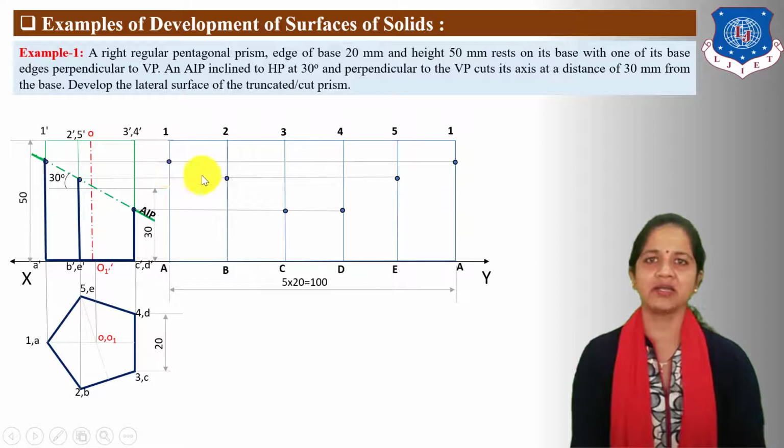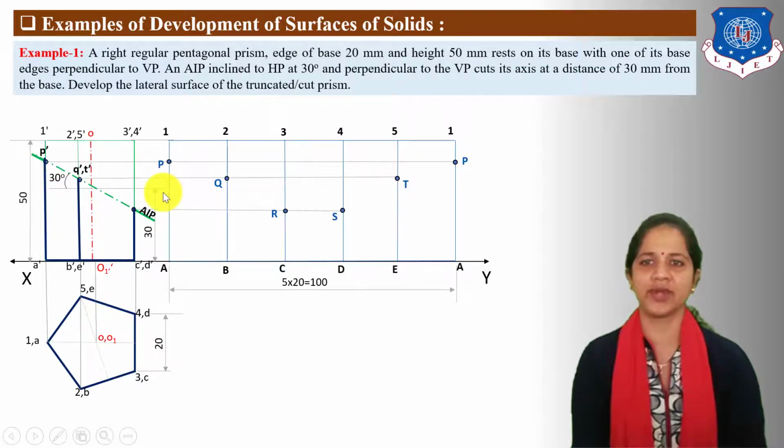Next, mark cutting points in capital letters in development as P, Q, R, S, T and P. Similarly, locate cutting points in front view as p', q', t', r', s'.